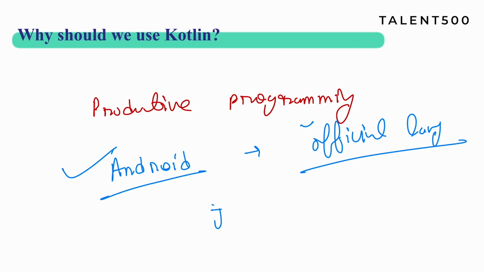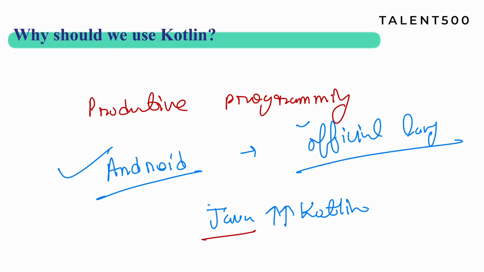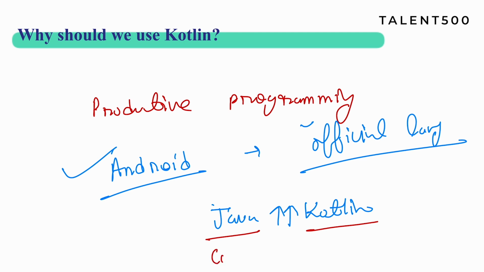If you compare Java and Kotlin together for developers, there is a huge difference between both of these. Syntax wise, obviously Java is complex and Kotlin is very simple, very easy to understand.